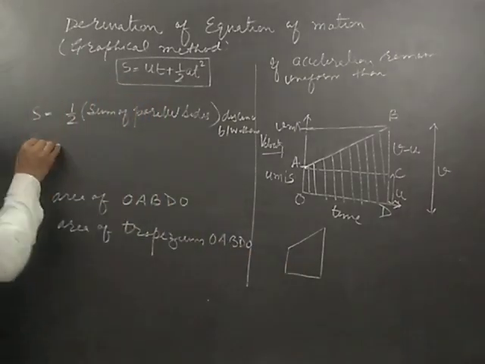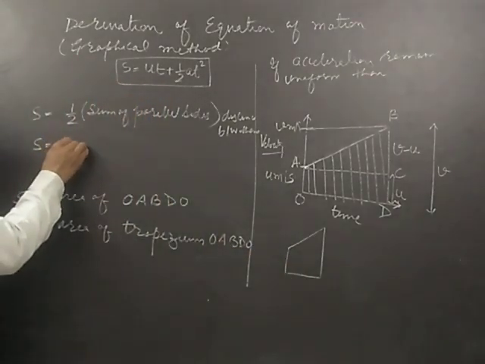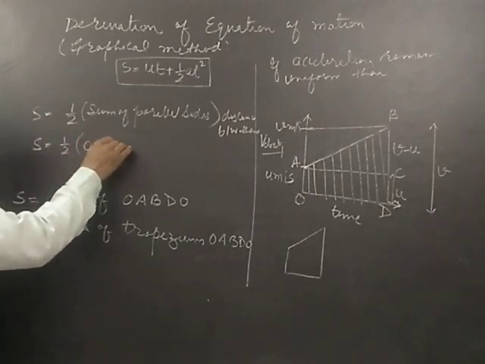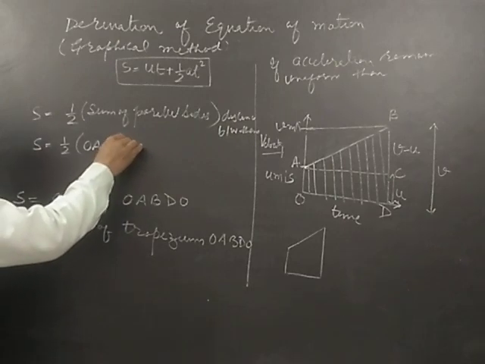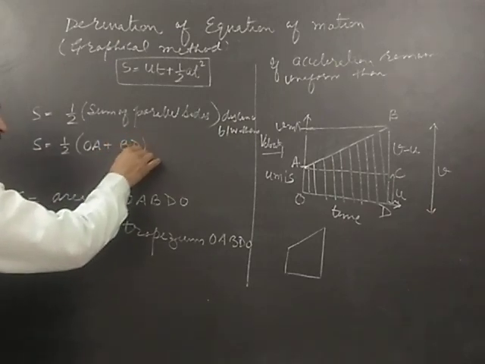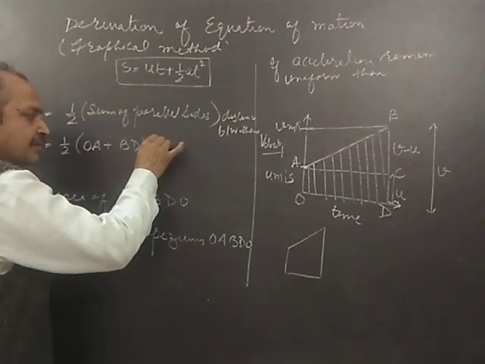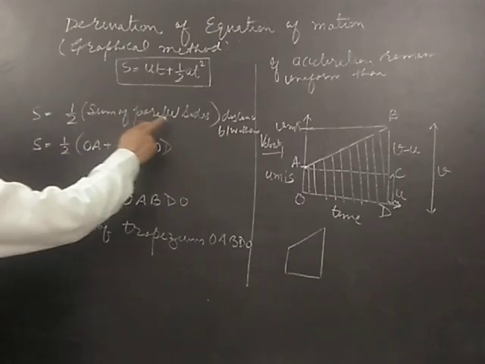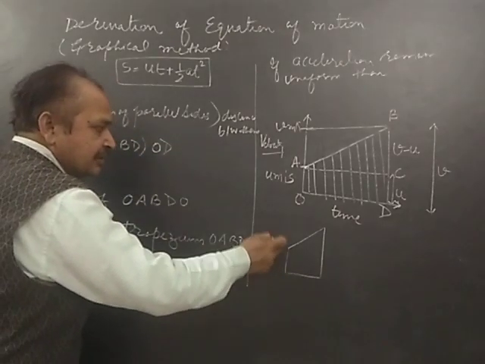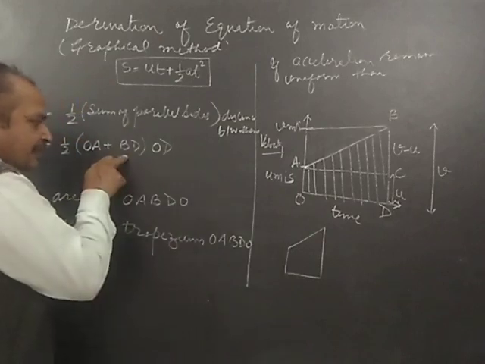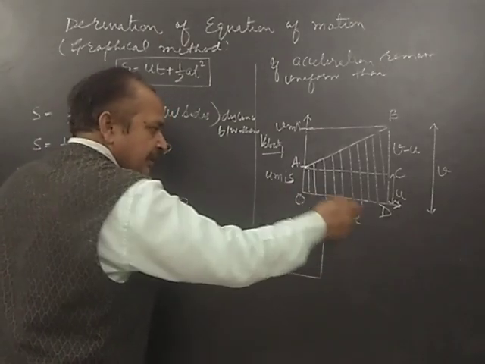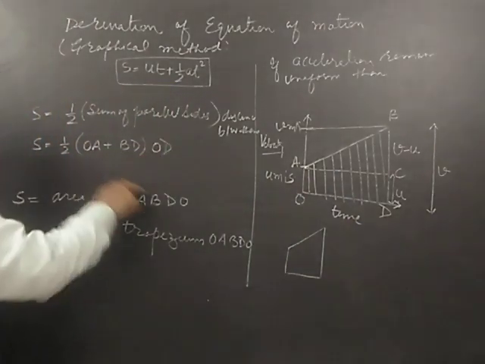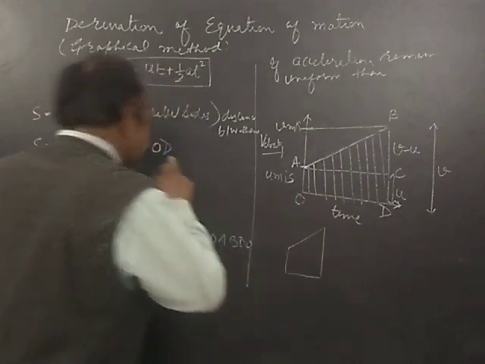So, what will be my S? S is equal to half into OA plus BD into OD. Because the first parallel side is this, that means OA. The second parallel side is this, it means BD. And the distance between these two sides is OD.